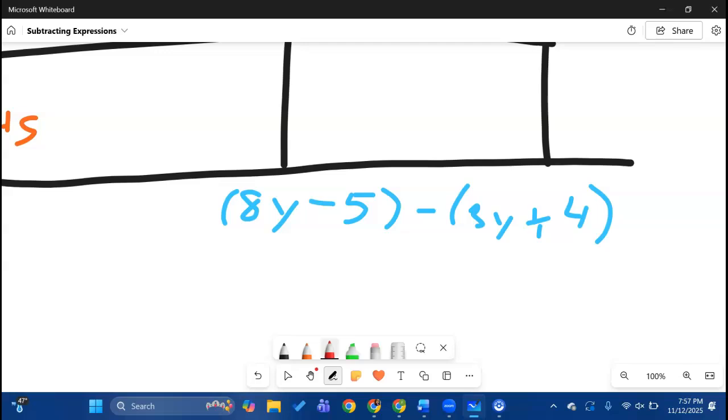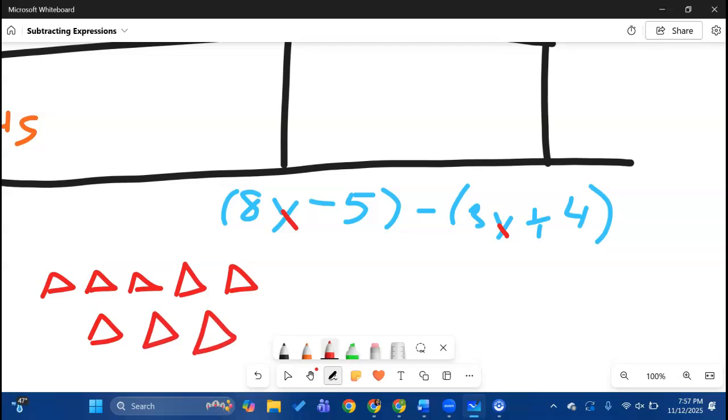For the 8y, or let's do 8x and 3x, our x's we want to represent with triangles. So we have 1, 2, 3, 4, 5, 6, 7, 8. And over here we have 1, 2, 3.